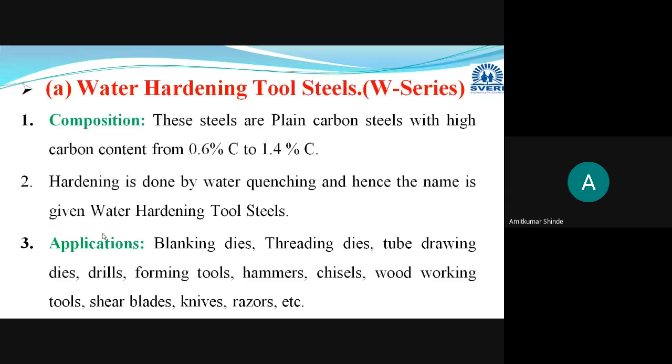Then after the properties, you write their types, if any, meaning some steels may have subgroups or subtypes. And at the end you have to write the applications. This common format you have to follow when writing answers for these particular questions.